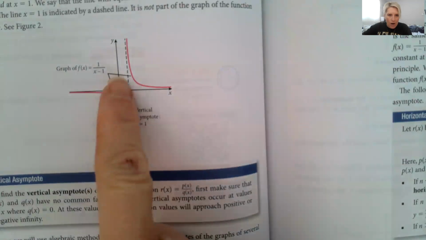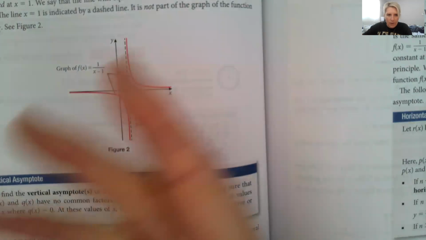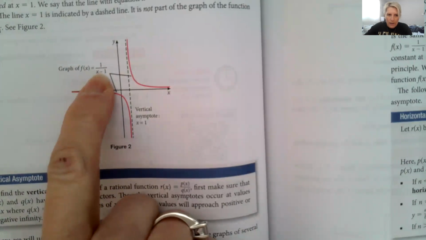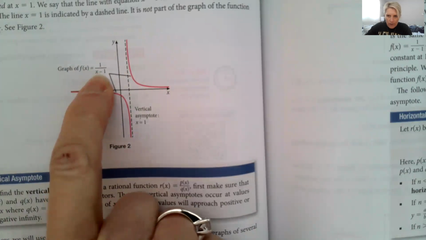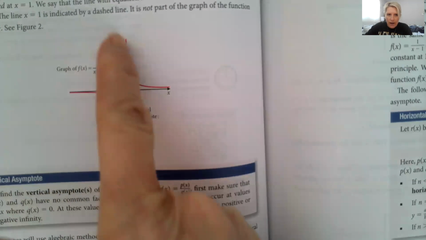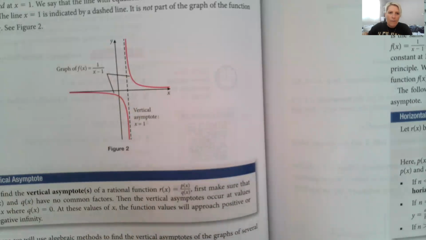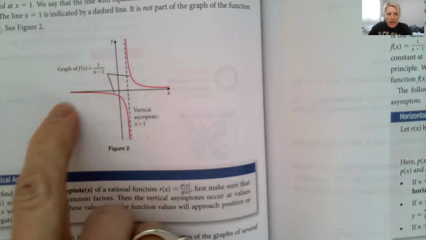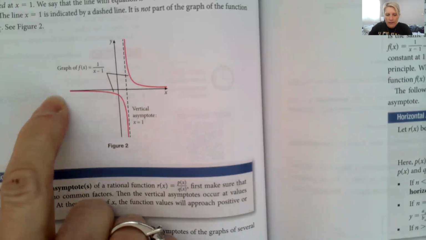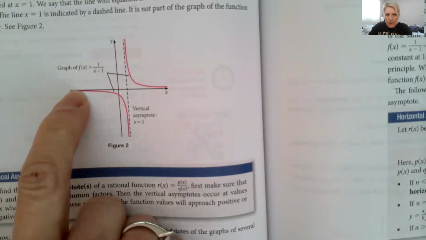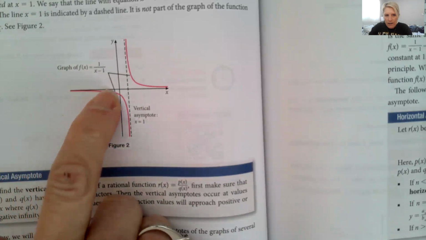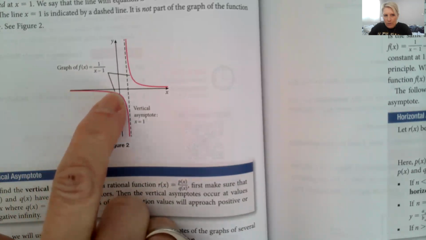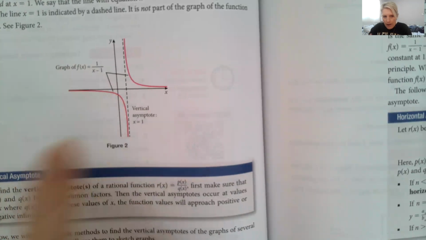When x equals 1, you can't evaluate it, because when you put 1 in for the x, you get a 0 in the denominator, so the function is undefined there. So the asymptote is the value at which this function is undefined. And then from the negative direction, as your x value gets bigger towards 1, all of a sudden it feels like it gets really, really negative, but then it drops off.